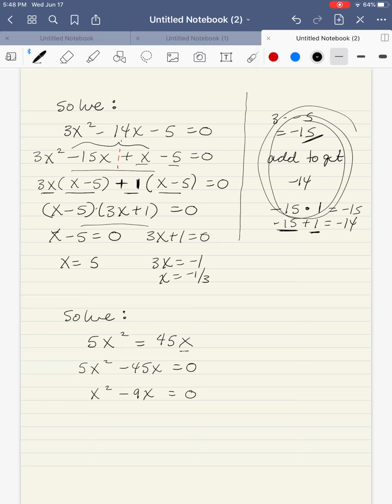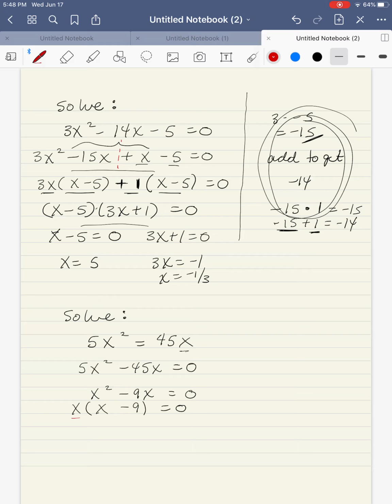I cannot divide by x and cancel it. I have to factor it out. That means I have to keep that x. So when I factor x out of x squared, I'm left with an x. When I factor an x out of minus 9x, I'm left with minus 9.